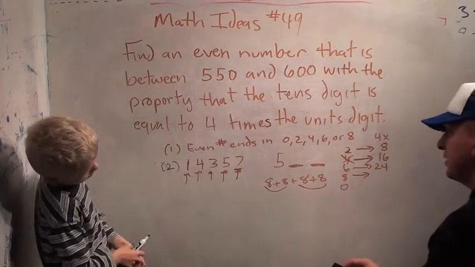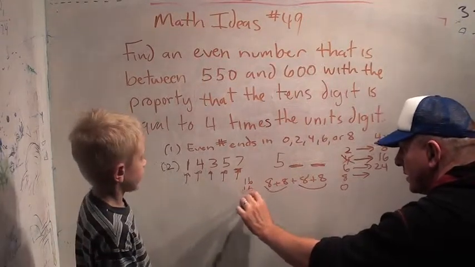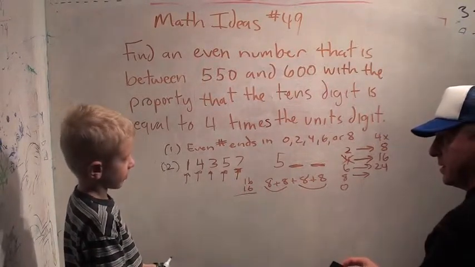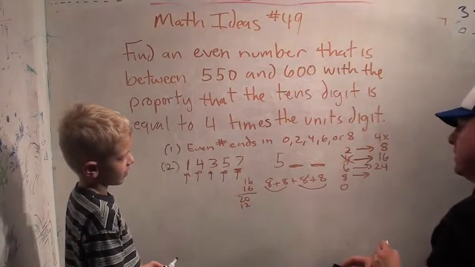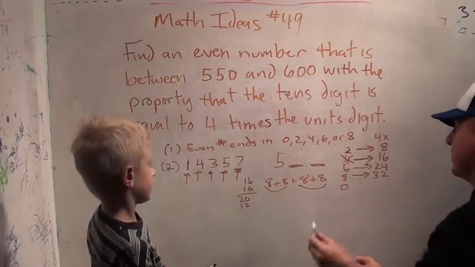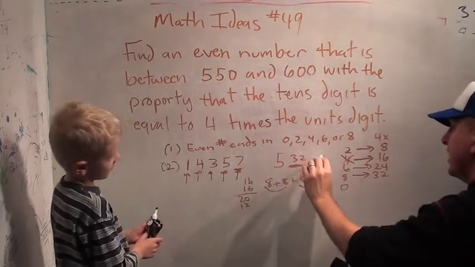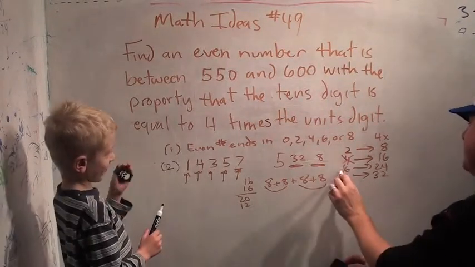So 16 plus 16 is what? Well, 10 plus 10 is 20, 6 plus 6 is 12, so I guess that would be 32. 32, very good. Okay, so can we have a number that's 5, 32, 8? No, that's not a number.